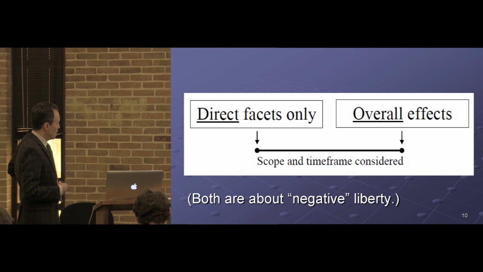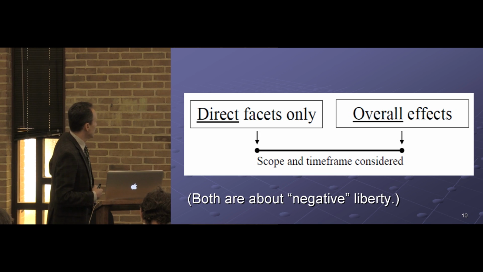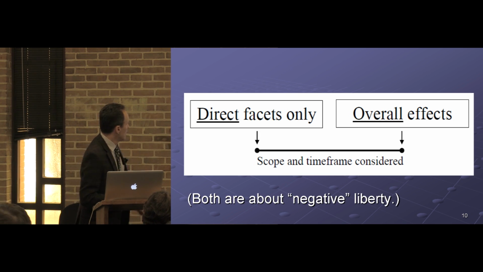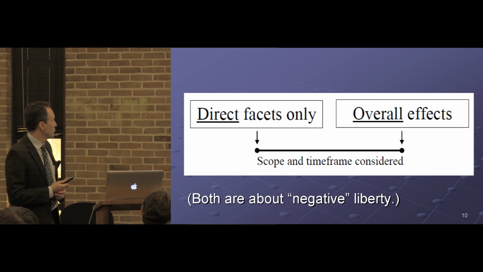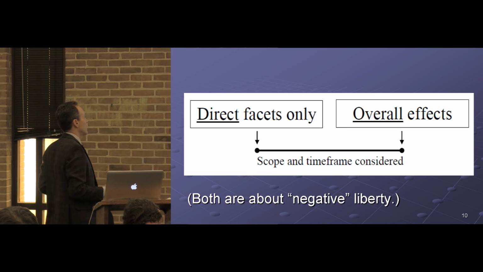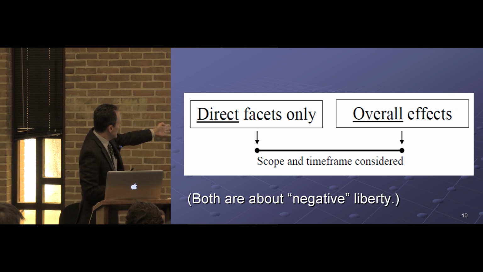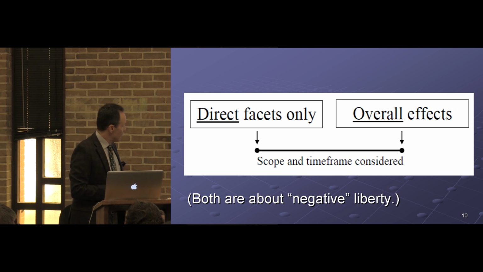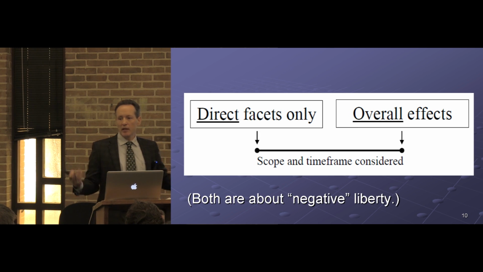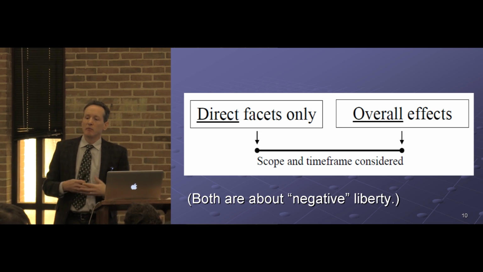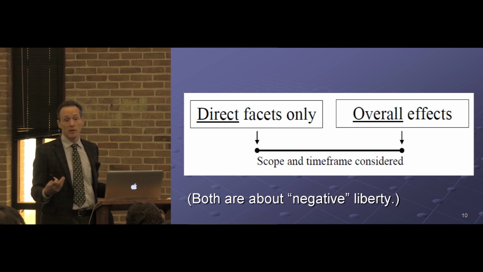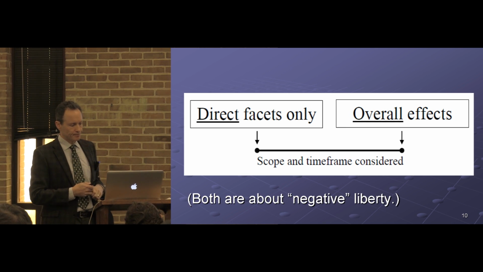So in terms of scope and time frame considered, you can think of any distance you want to go out, but there are two points on such a set that are focal: the immediate and direct and more or less inherent facets, and then the outer bound of all that we can speculate on and think worth considering if we want to think about what's the outcome for liberty.